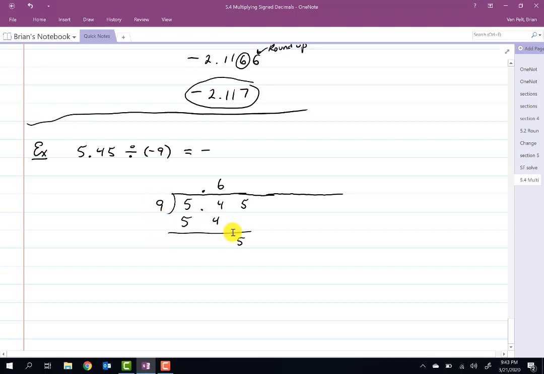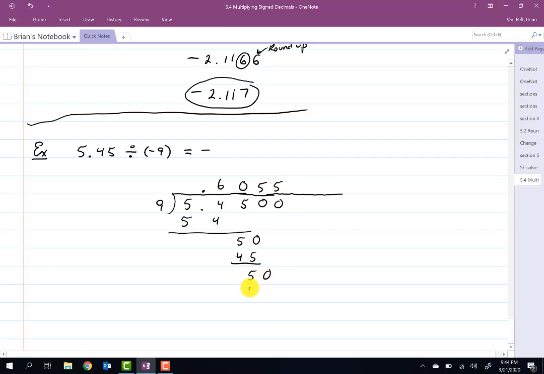9 goes into 5 0 times. So now I bring a 0 after and bring it down. 9 goes into 50 5 times. 50 minus 45 is 5. Bring down another 0, and I've got a 50 again.